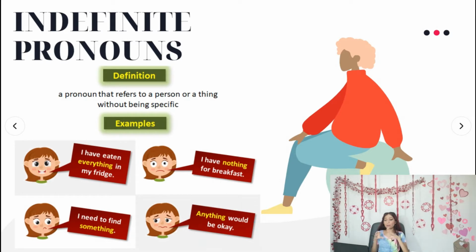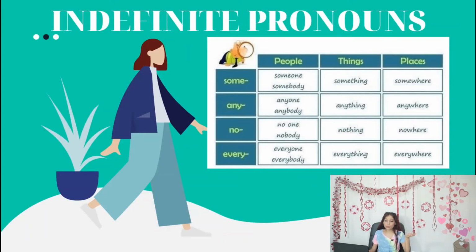This is going to help you if you want to copy this too. Well, if you don't want to, it's okay. So, these are all the indefinite pronouns that there exist. They are used to talk about people, things, and places. Okay, so there are 4 different ways: some, any, no, and every.